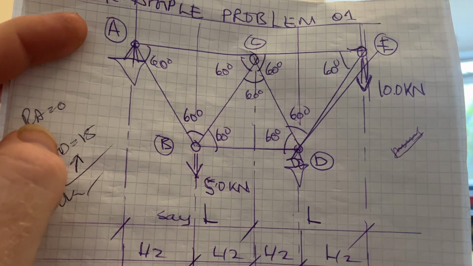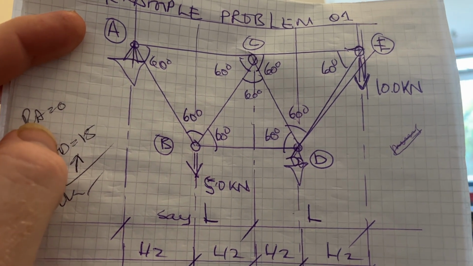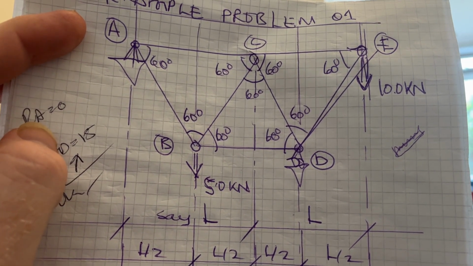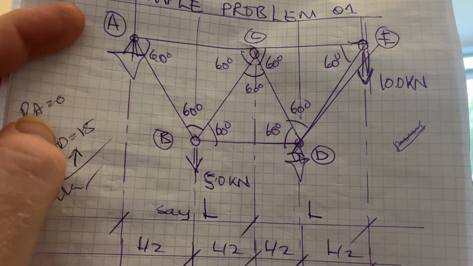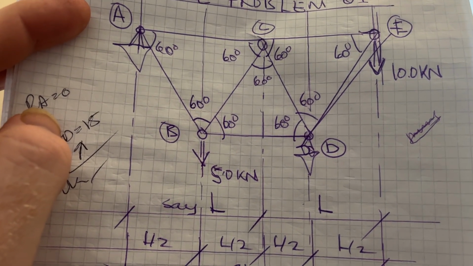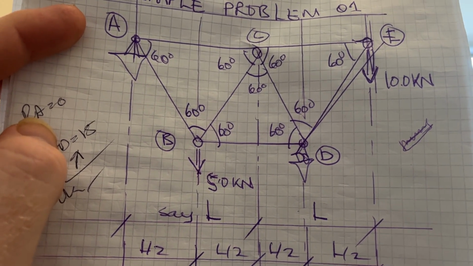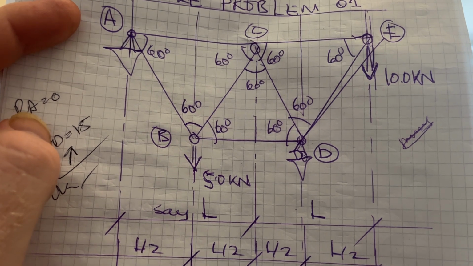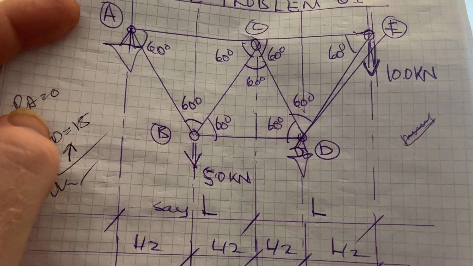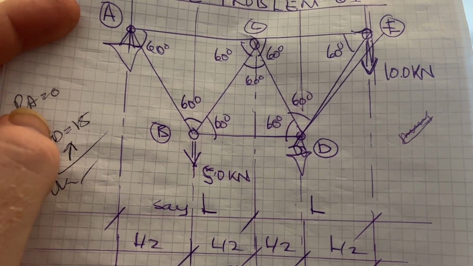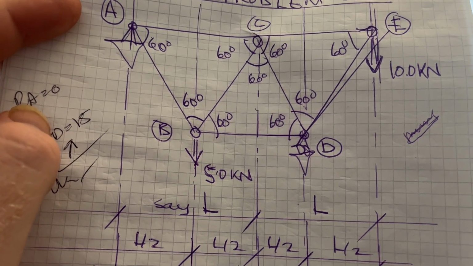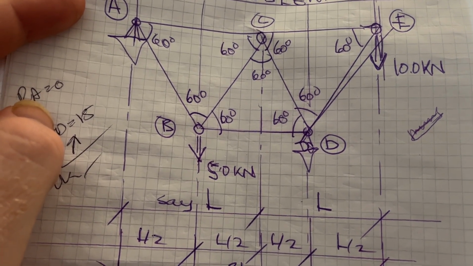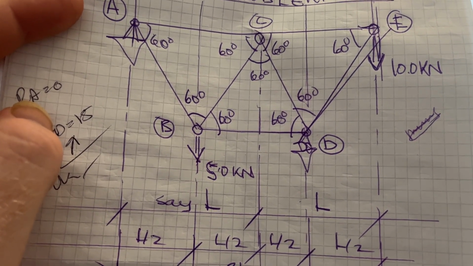Just do the quick test on statical determinacy. Remember, M plus R must equal 2J. So we got M: 1, 2, 3, 4, 5, 6, 7, plus 1, 2, 3 joint reactions, so that's 10.